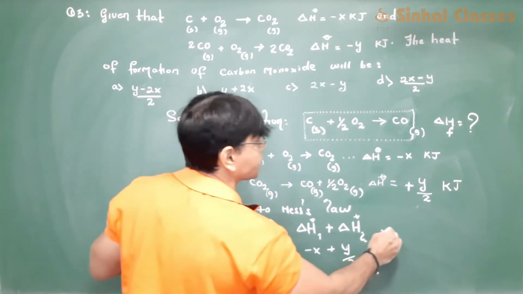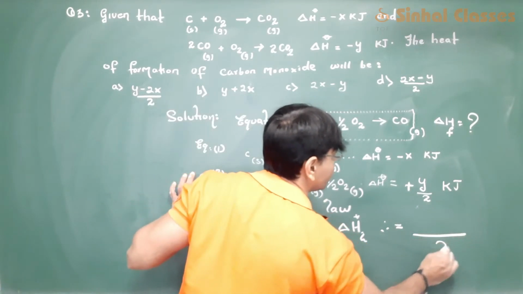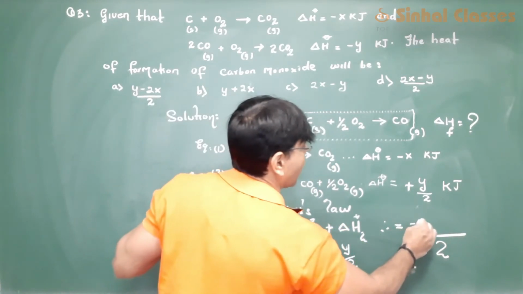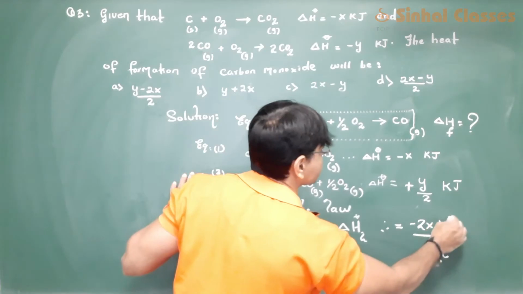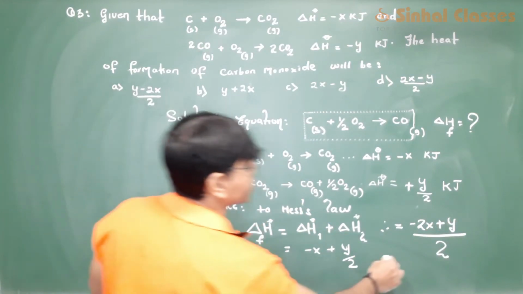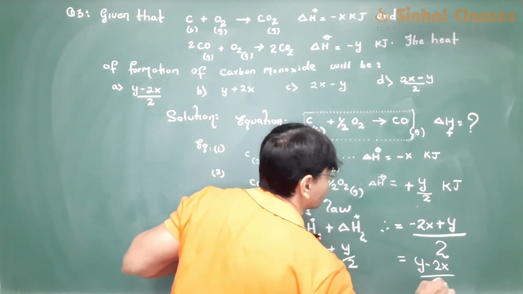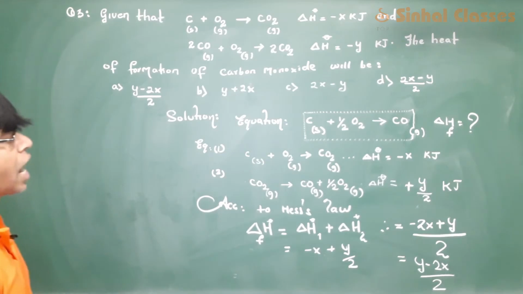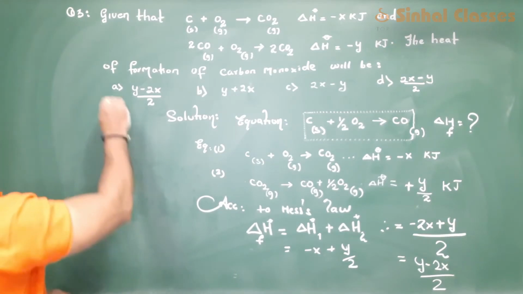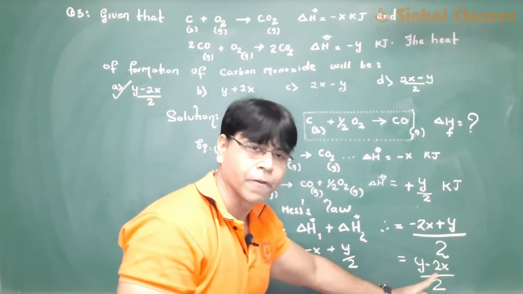So your final answer will be minus 2x plus y upon 2, which can be written like this, y minus 2x upon 2. So look at the option now. In the option it is A. A is your answer for this question.